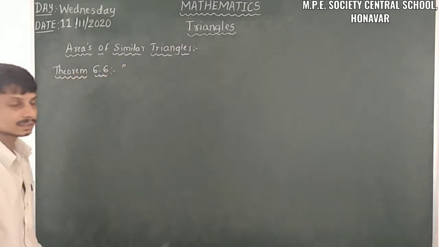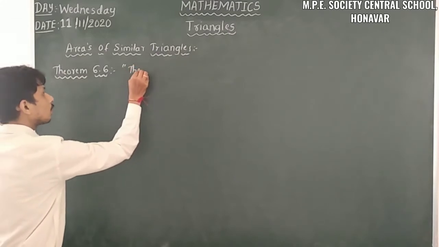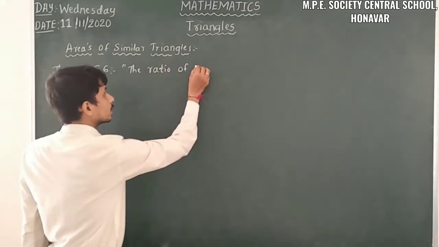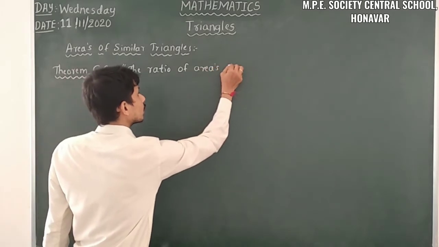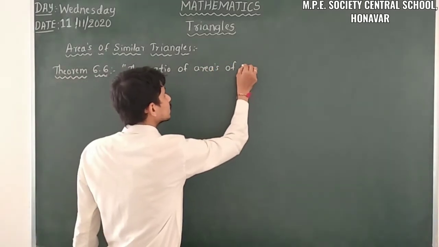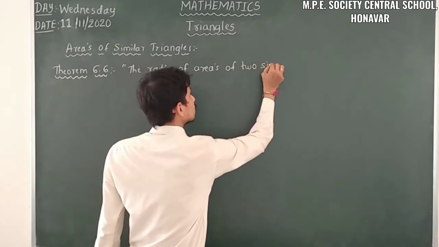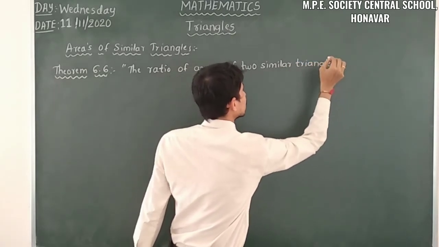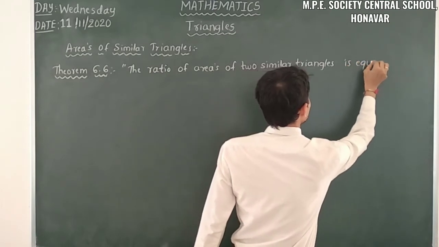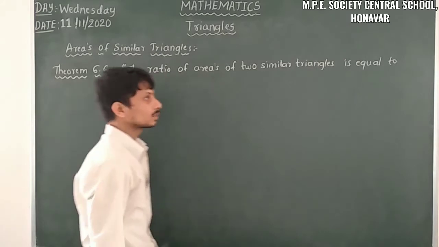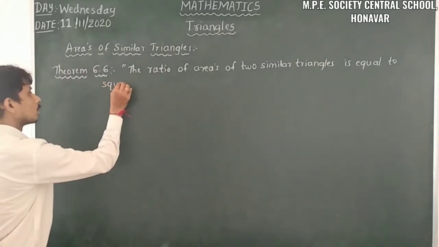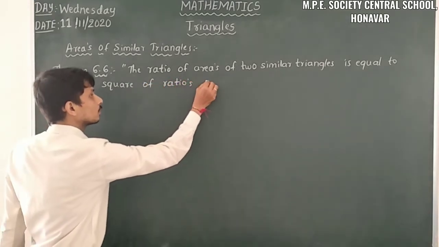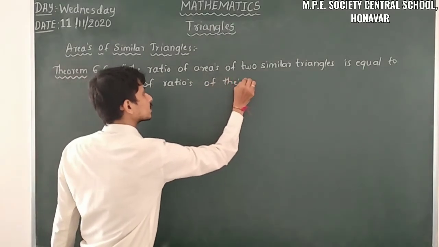Yes, theorem 6.6 states that the ratio of areas of two similar triangles is equal to the square of the ratio of their corresponding sides.